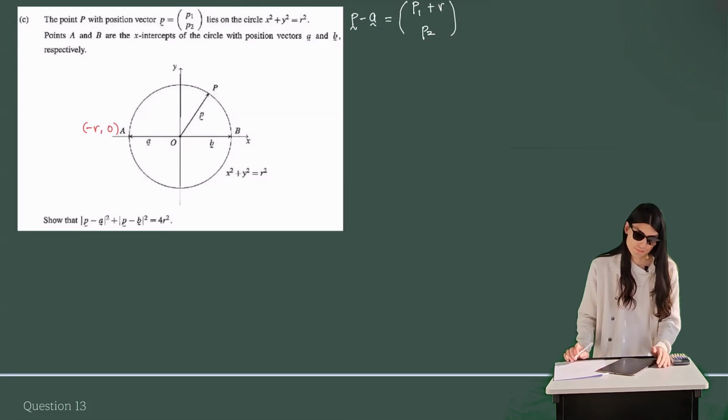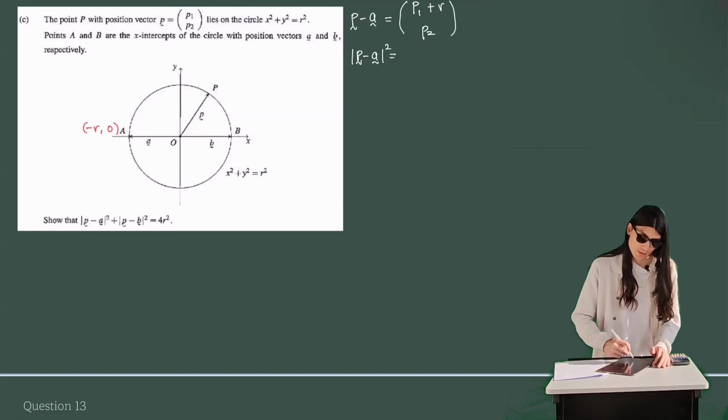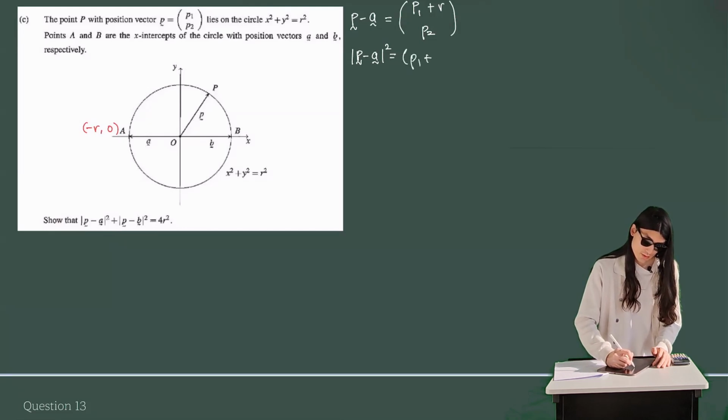Double negative. Such that the magnitude of that is then, or actually, magnitude squared actually, in the required to prove, is then p1 plus r squared plus p2 squared.